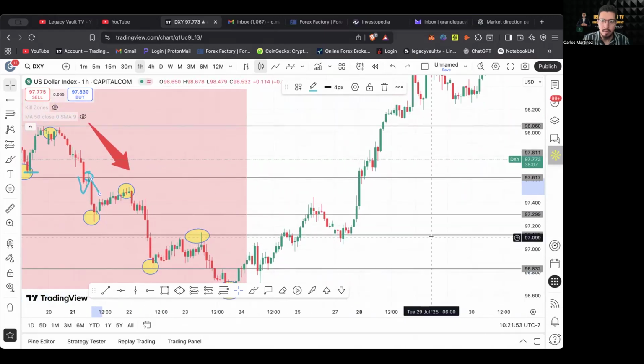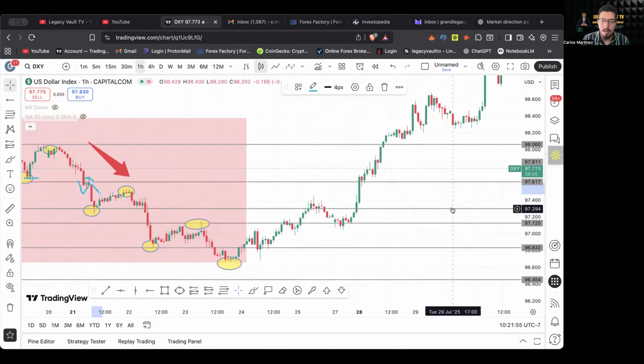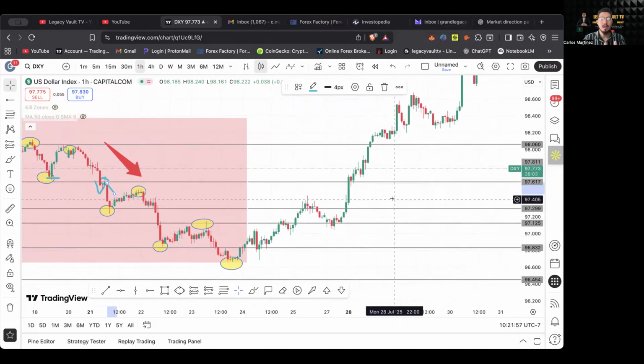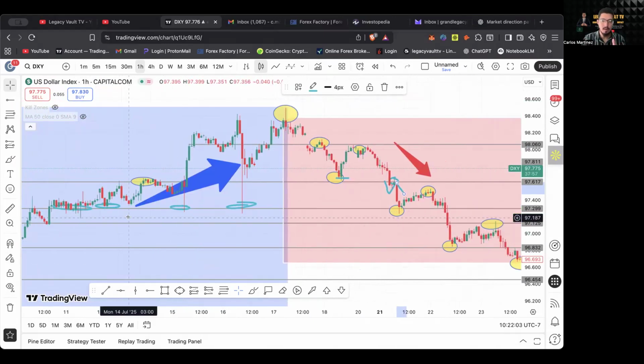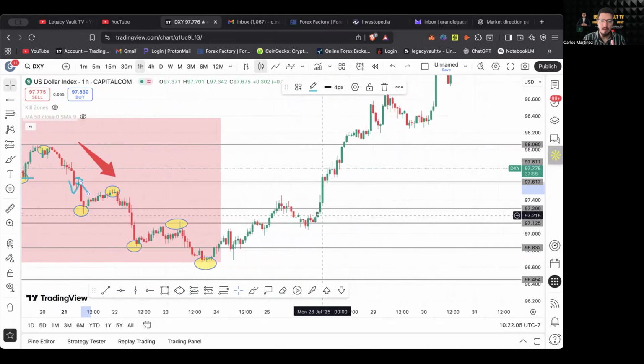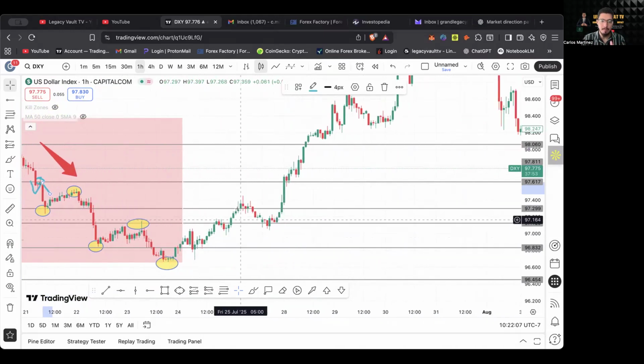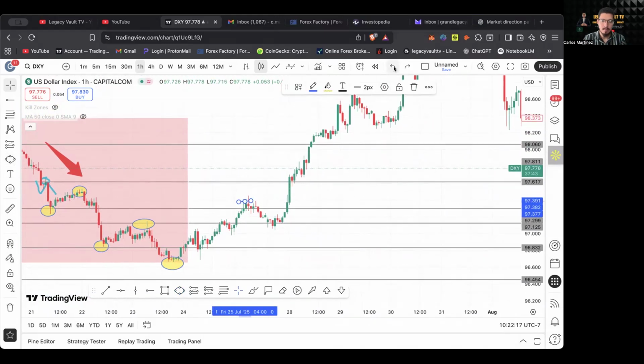And these levels can also be used in the future. As you guys can see here, these past levels, price eventually came back up to retest these levels again. You can see it here, right here.